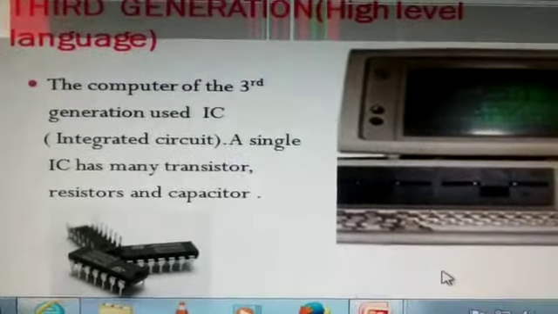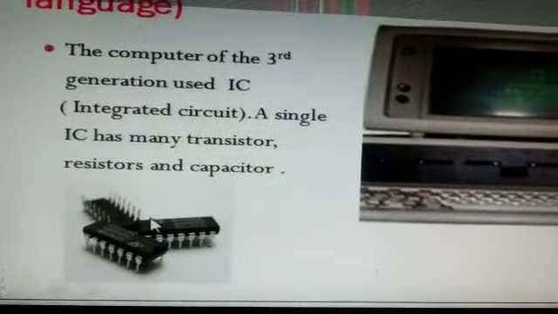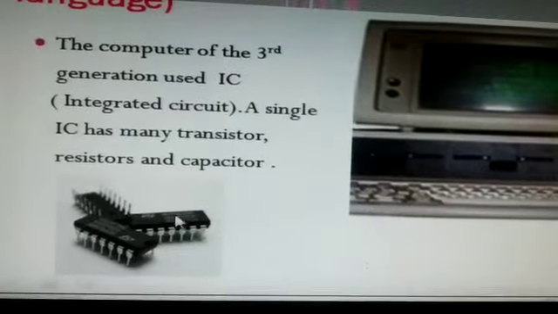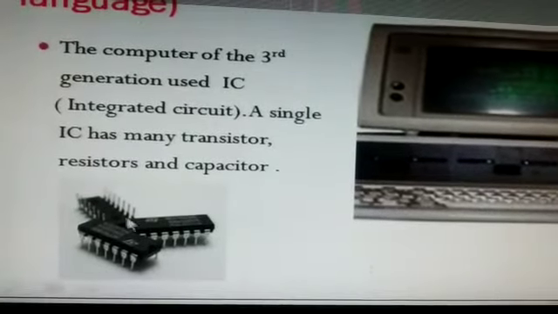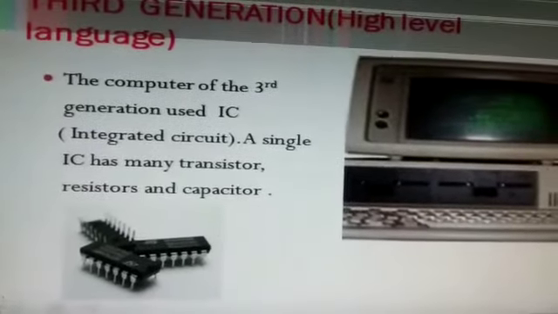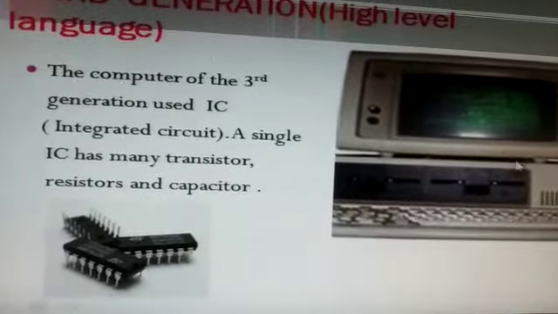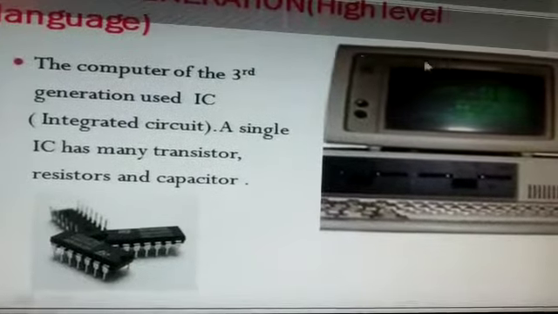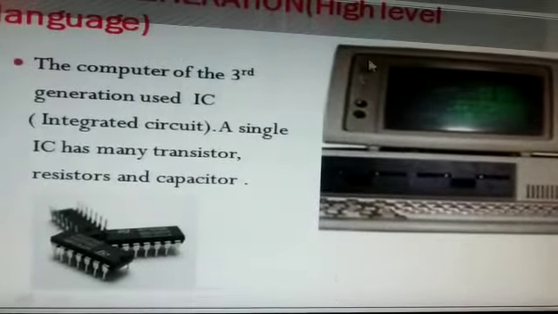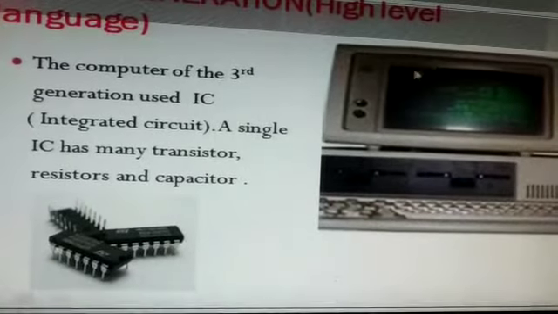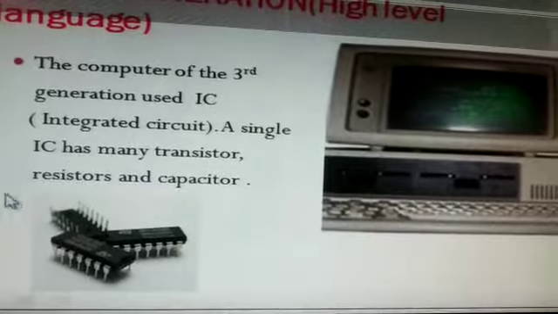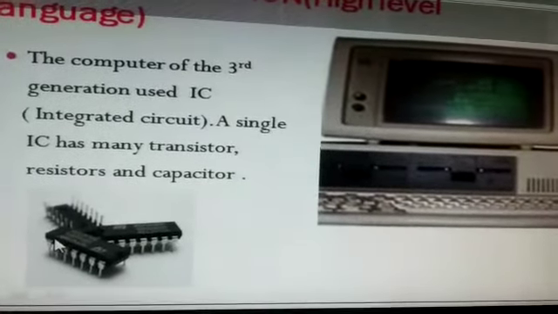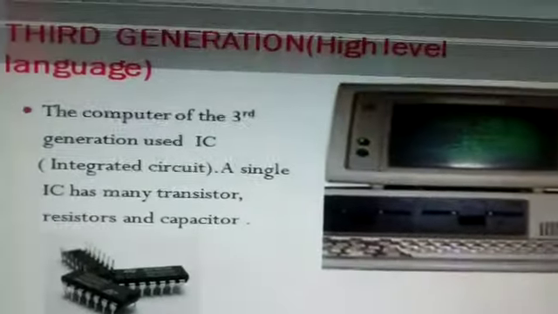In this image, you can also see the IC, meaning integrated circuit. This is used in the third generation of the computer. You can see, this is the image of a third generation computer, and this one is the IC, integrated circuit.